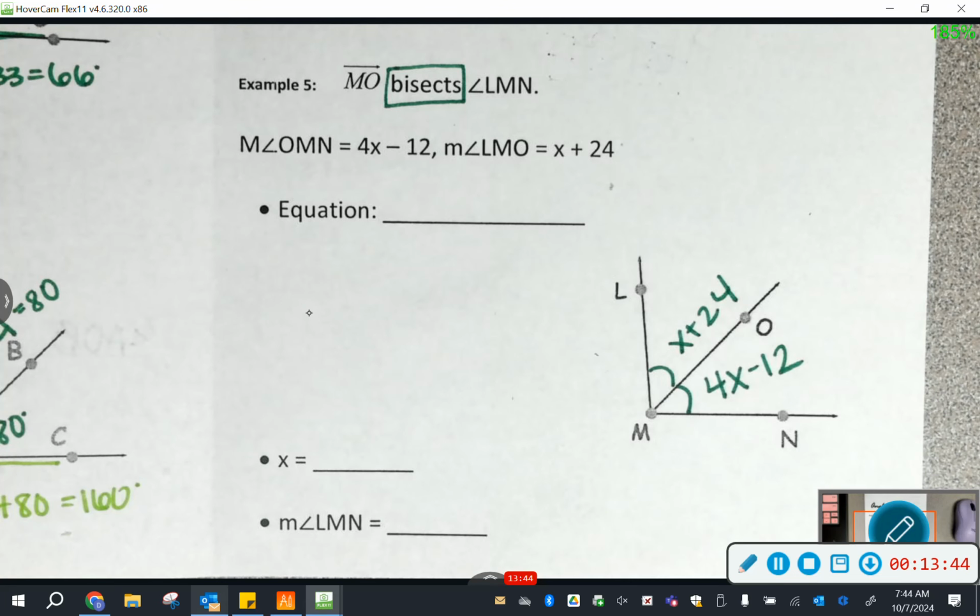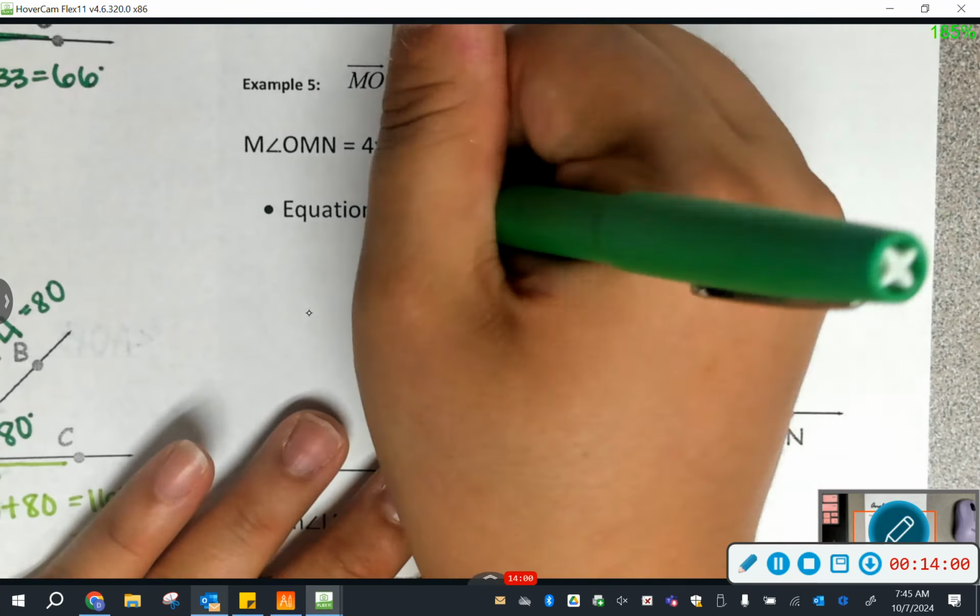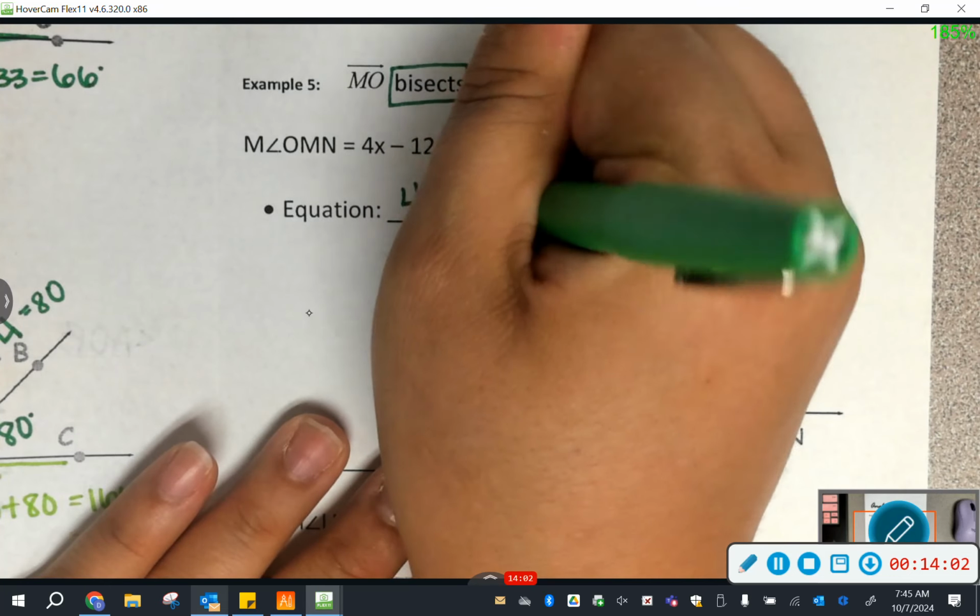And what do I need to do here? Do I know what the whole thing is? Nope. So what do I got to do? Left equals right. Now, because this is 4x and it's bigger, I'm actually going to put this first.